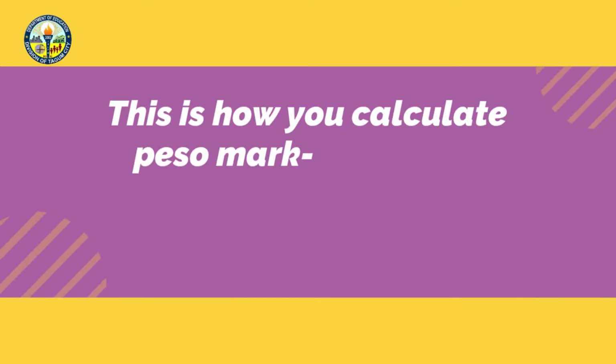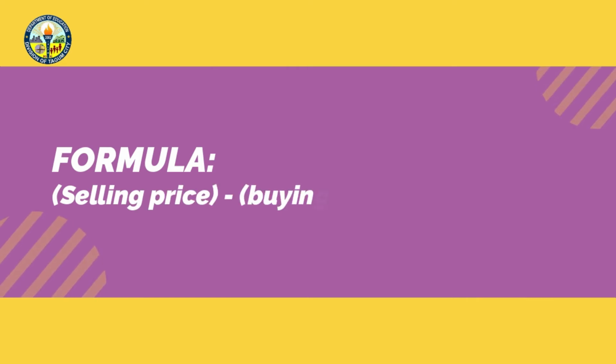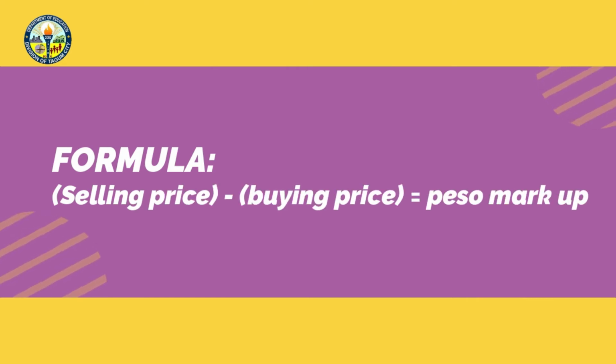This is how you calculate peso markup. Simply subtract your buying price from your selling price. Use this formula for peso markup. Selling price minus buying price is equal to peso markup.